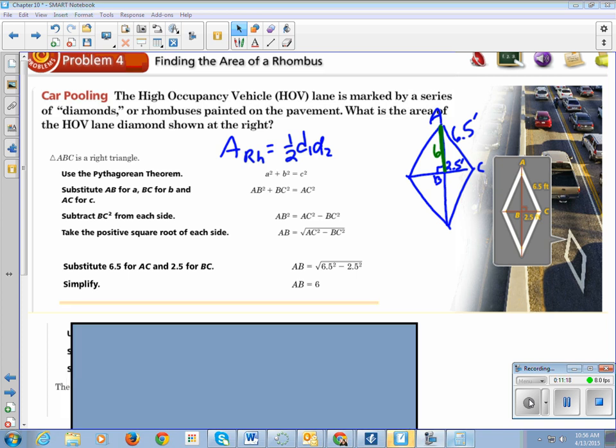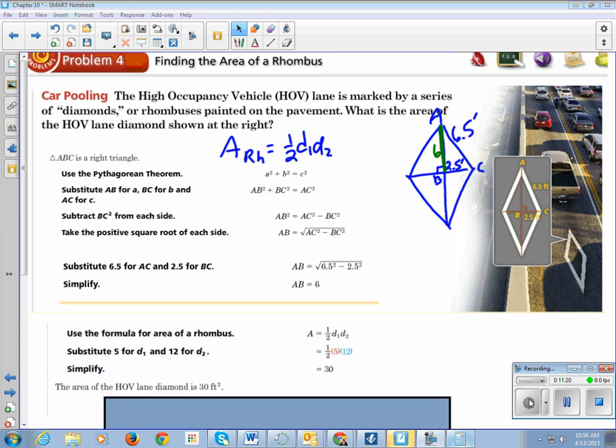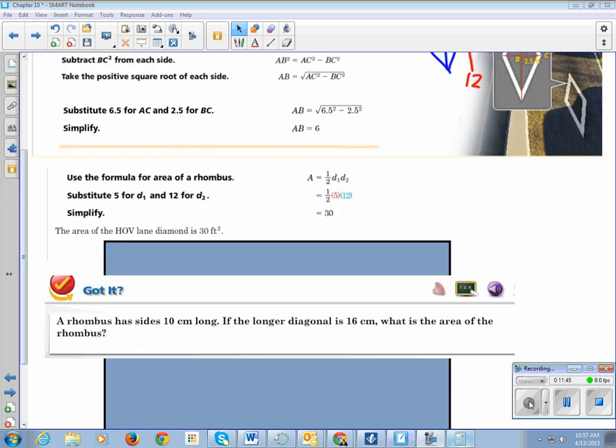And we just found our long-ways diagonal, so this diagonal right here is going to be 6 plus 6, which is 12. So 1/2 times 5 times 12 is 1/2 of 60, which is 30, so the area of the diamond lane is 30 square feet.